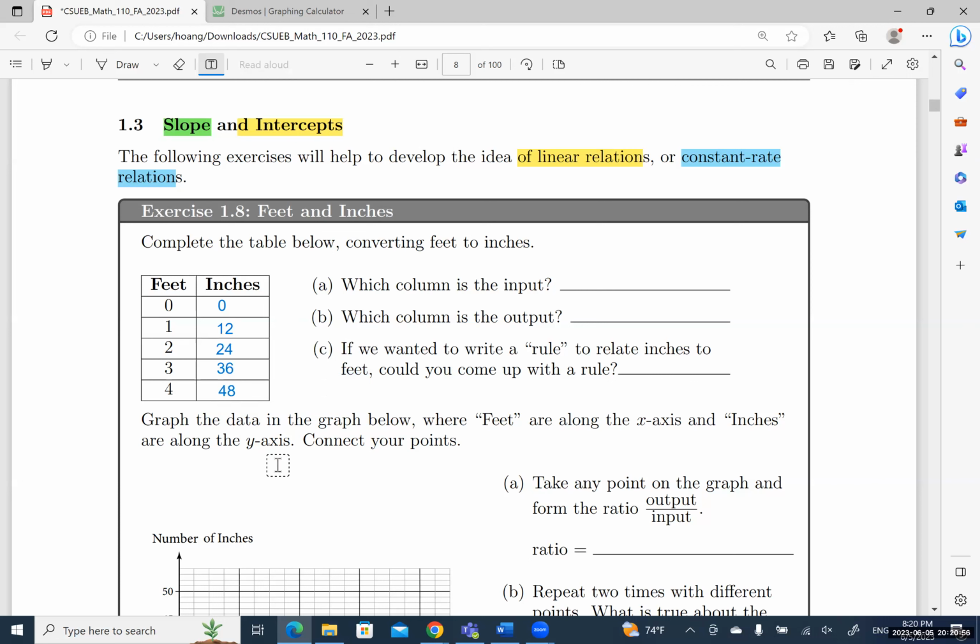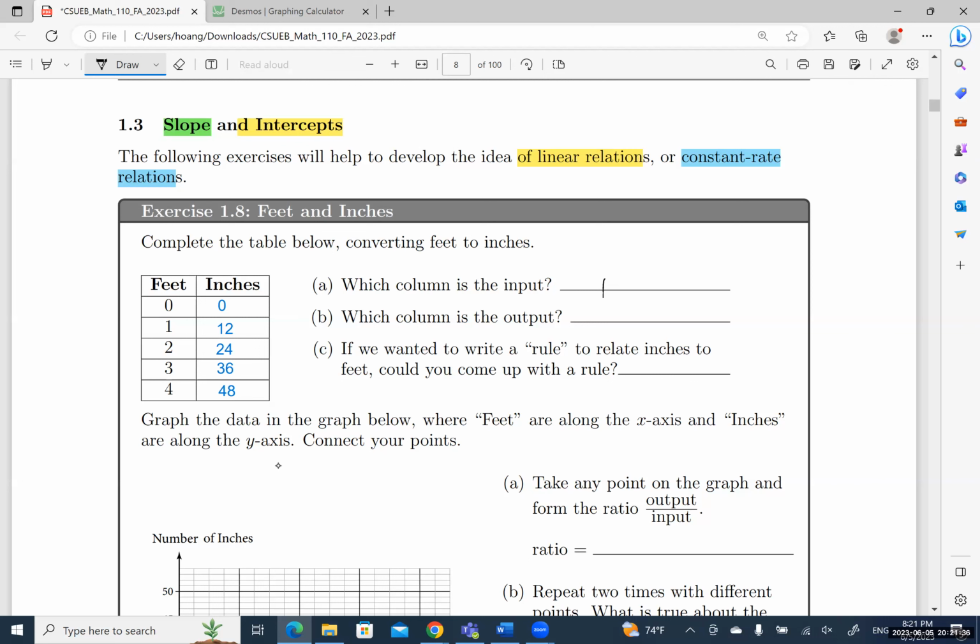So what did I do to get these numbers? You can think that in order to convert from feet to inches, I just multiply 12 by the number of feet, right? So now if I think about which column is the input, I would say feet, right?